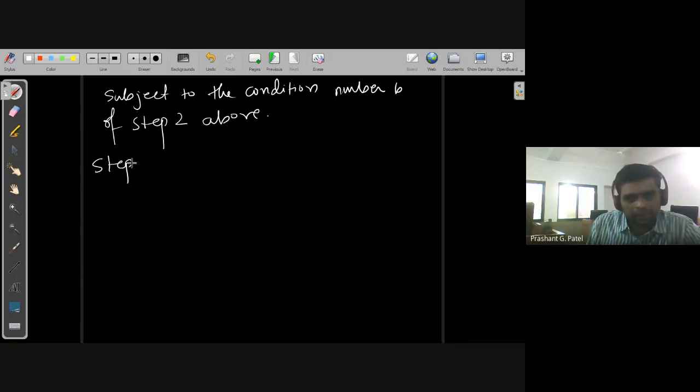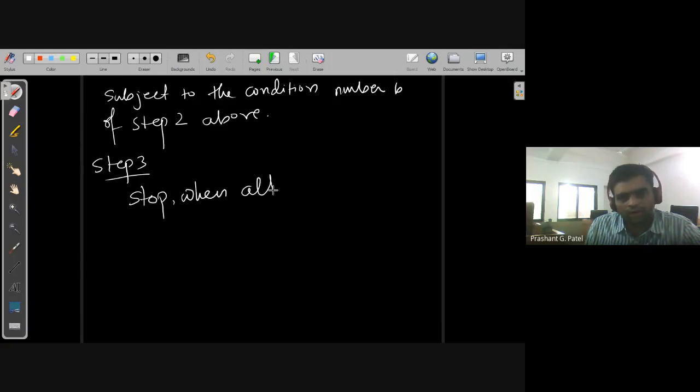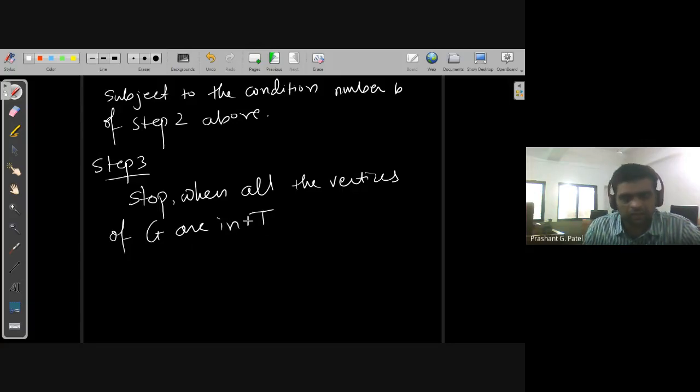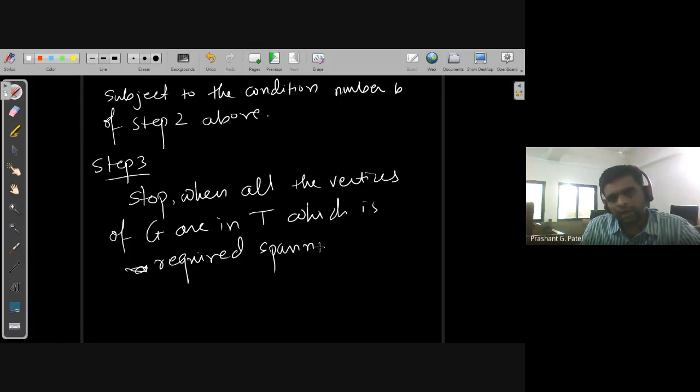Now step number 3. Stop when all the vertices of G are in T. T is a tree, a spanning tree, which is required, a spanning tree of G with n minus 1 edges.